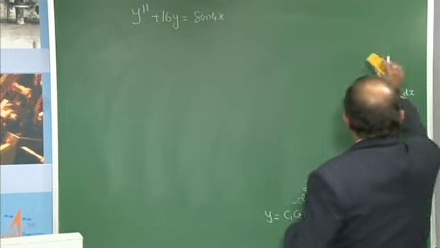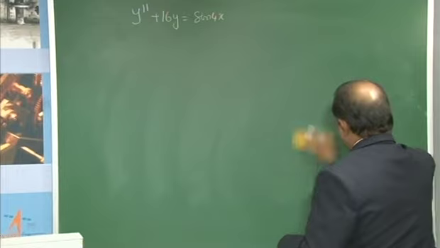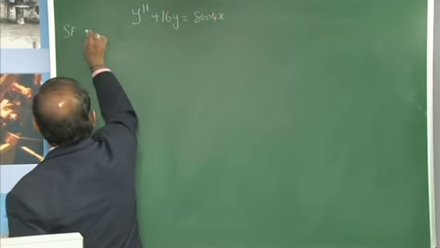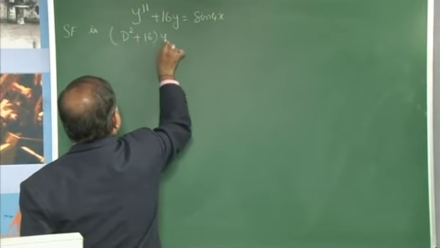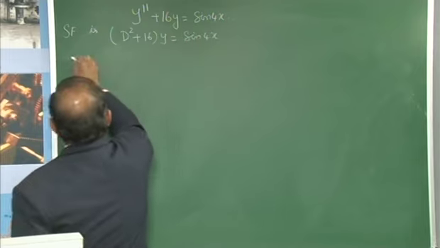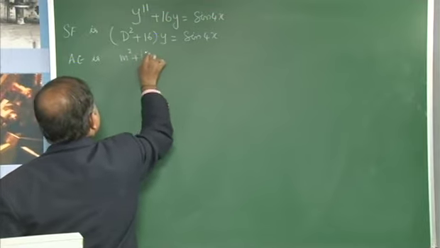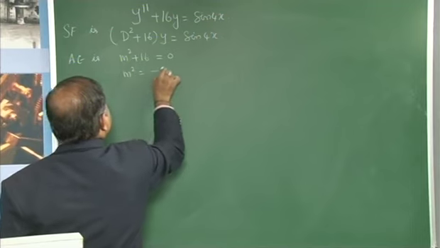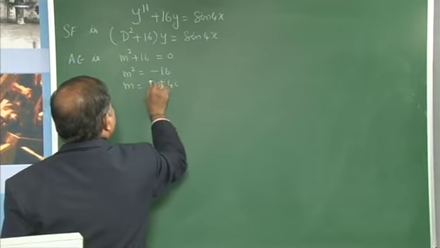All procedures you have to write: the standard form is d square plus 16 into y equals sin 4x, auxiliary equation m square plus 16 is 0, m squared is minus 16, m is plus or minus 4i as in the previous problem.